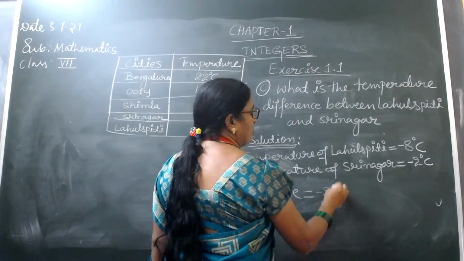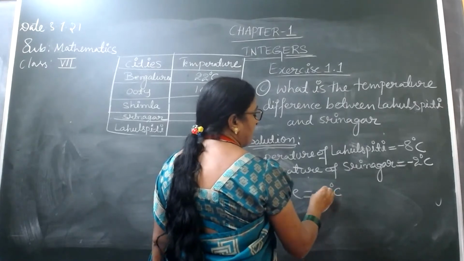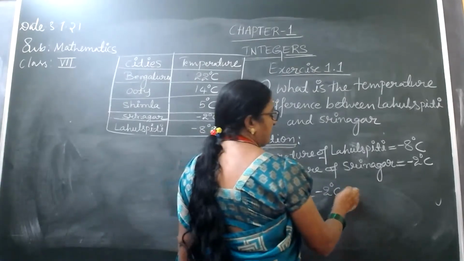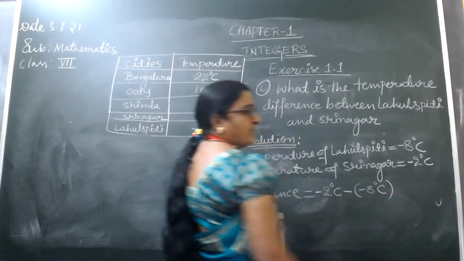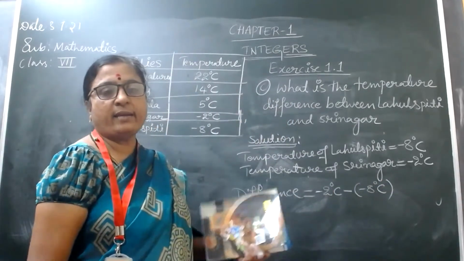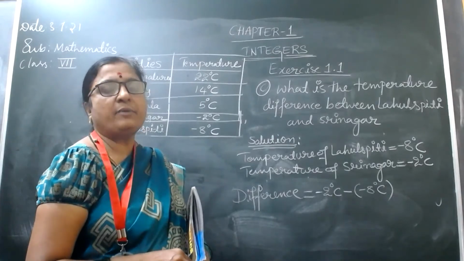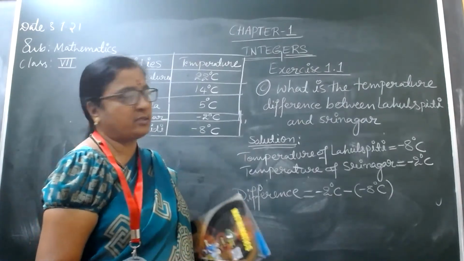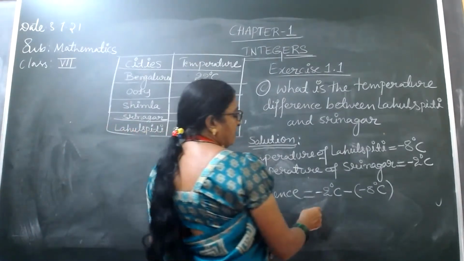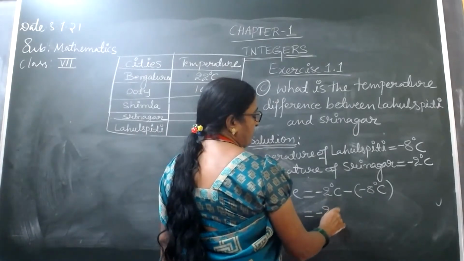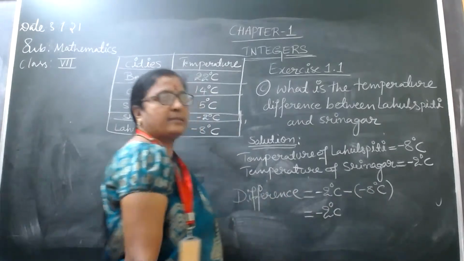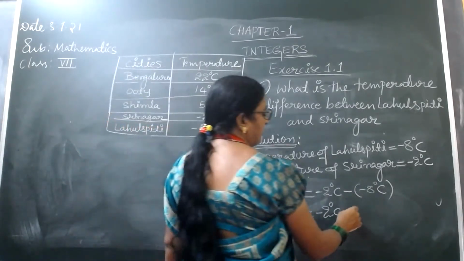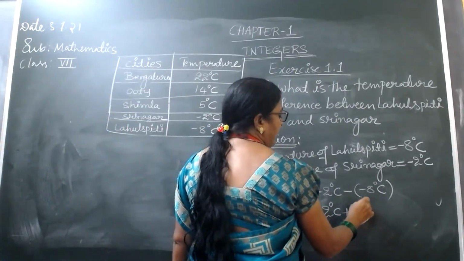So minus 2 degrees Celsius, difference means subtract minus 8 degrees Celsius. Sum means you should find the total, add. Difference means you should subtract. Okay? Minus 2 degrees Celsius, minus into minus, plus 8 degrees Celsius.